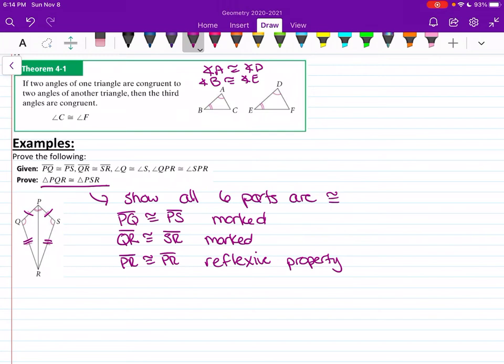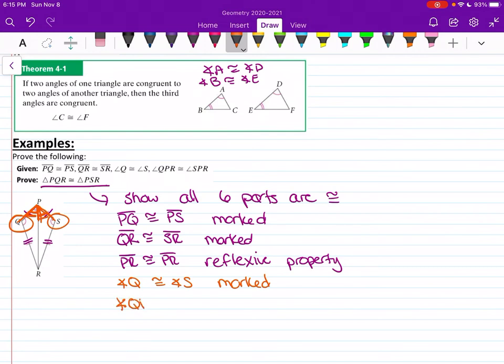All right, next, let's look at the angles. So the first angle I notice is that Q and S are congruent. So angle Q is congruent to angle S, and that is marked. Then I also have that angle QPR and angle SPR are also marked. They have a little marking there too.